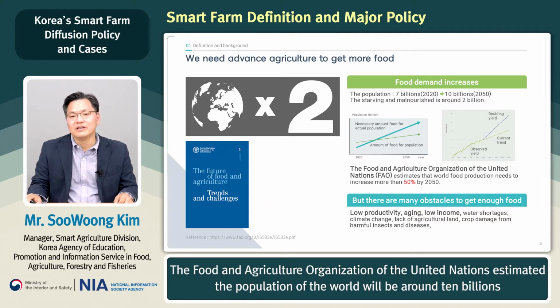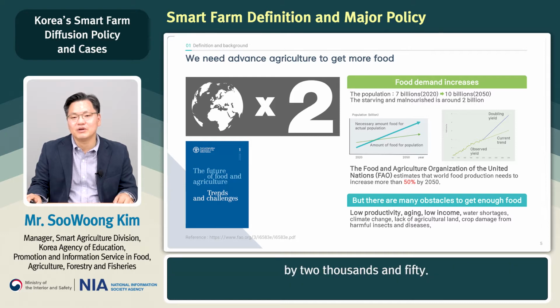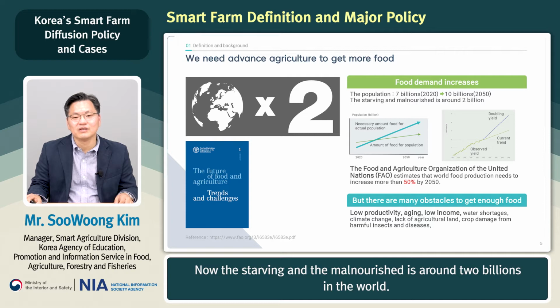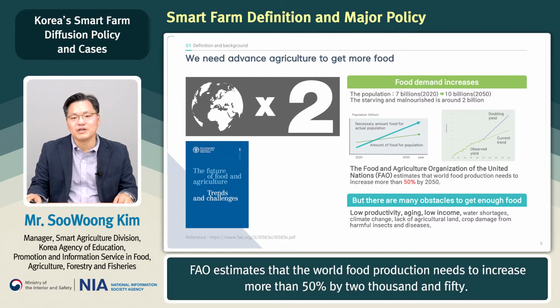The Food and Agriculture Organization of the United Nations estimated the population of the world will be around 10 billion by 2050. Now, the starving and malnourished number around 2 billion in the world. FAO estimated that world food production needs to increase more than 50% by 2050.